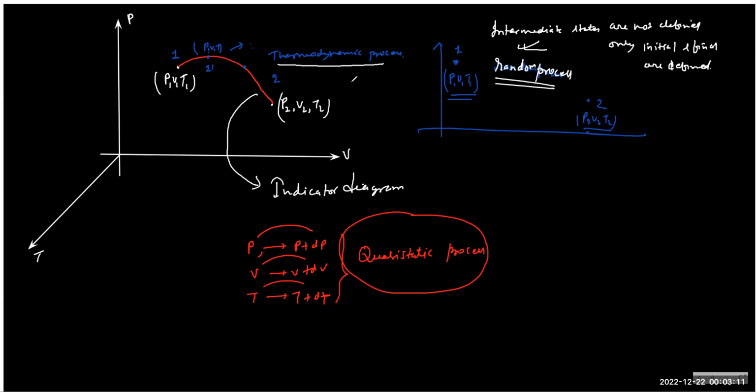In every set, what you see individually is called a thermodynamic coordinate. Understood? And PVT together, one set of values, is called one state. So what is phase? The last concept.